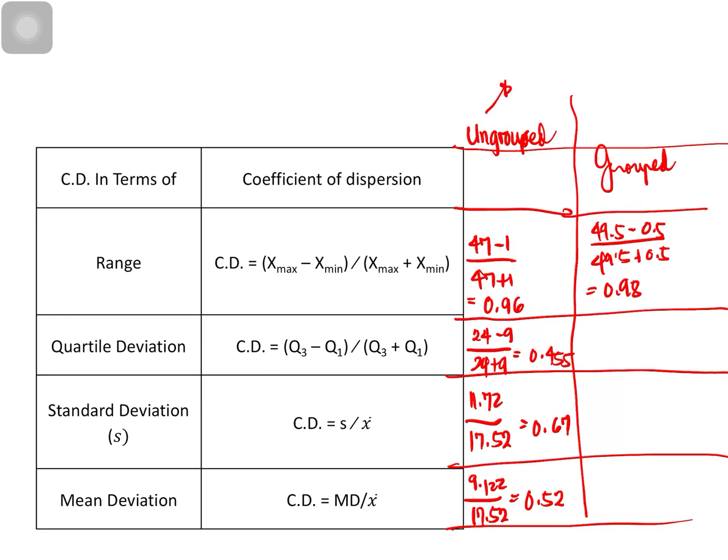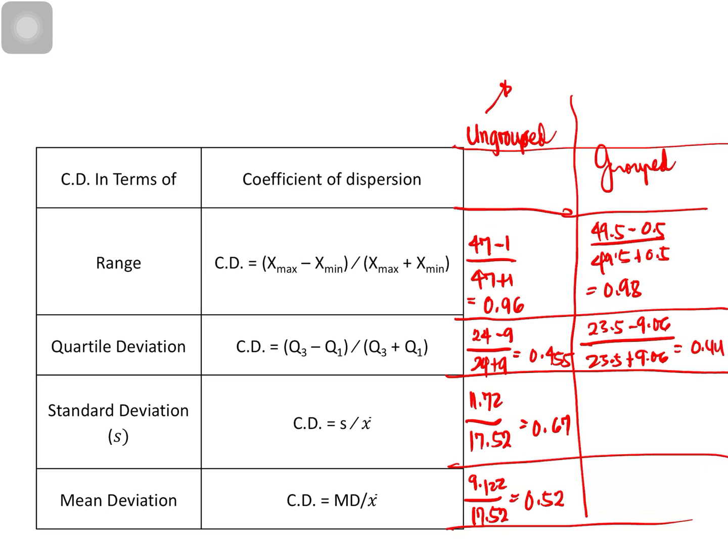For the quartile deviation, we have 23.5 minus 9.06 divided by 23.5 plus 9.06, that is equal to 0.44.